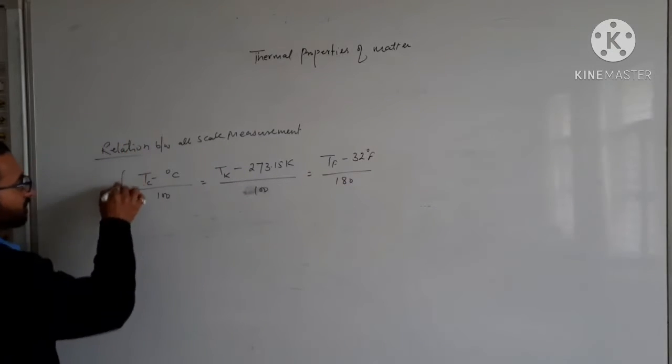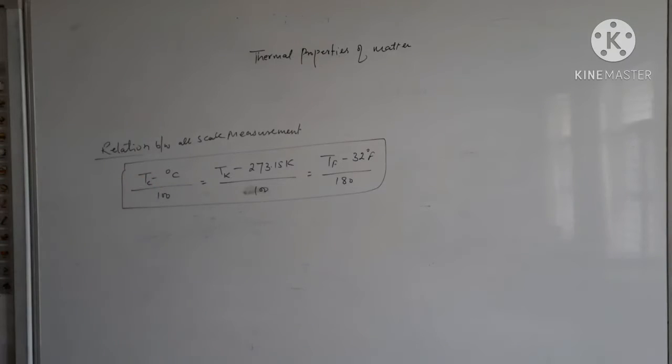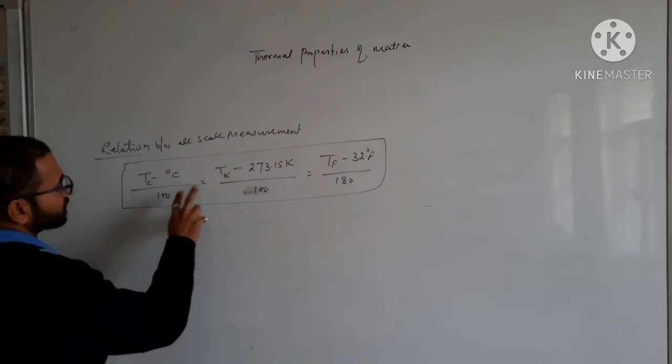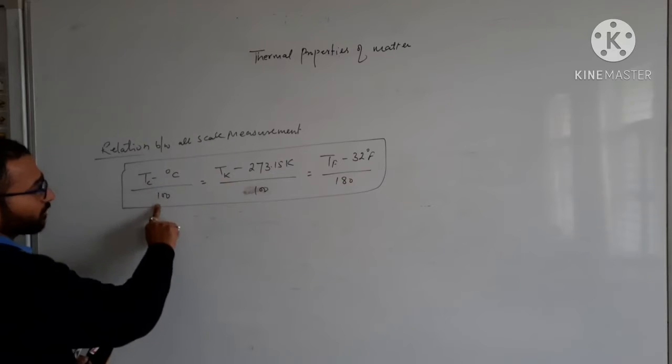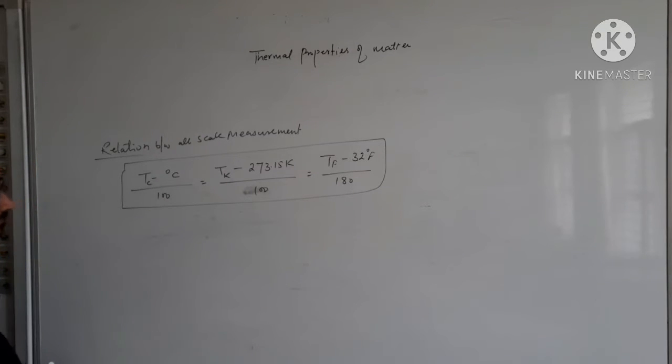So this is the relation between the Fahrenheit scale, Kelvin scale and Celsius scale. You can easily change the temperature from one scale to another scale with the help of this relation. Point clear?